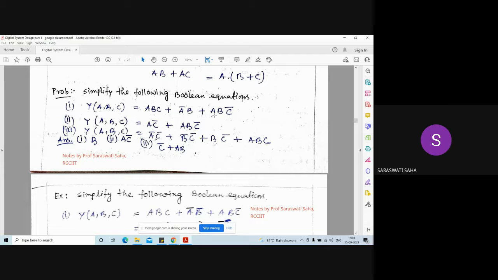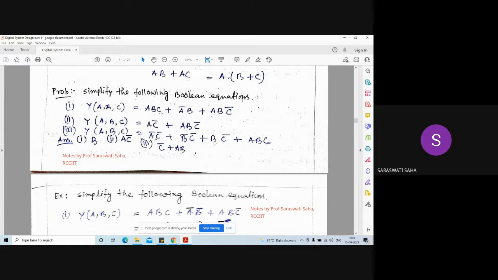And here A dot B dot C bar. So to get the C bar, first connect one inverter with the C input terminal, and from the output you will get C bar. Then connect C bar, A and B, these 3 terminals, with a 3 input AND gate. Then the output will be A, B, C bar. Now, how can you generate the OR between these 3 terms? Because one AND term, second AND term, and third AND term are with OR operations with each other.